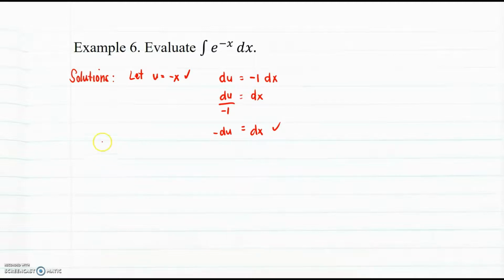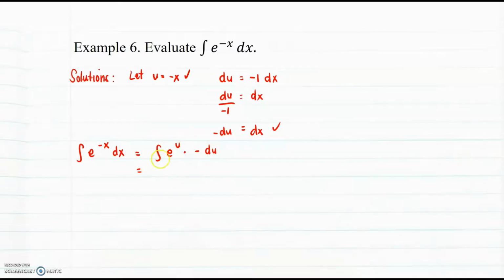So we have here the indefinite integral of e raised to -x with respect to x. Since our negative x is now u, we have e raised to u, and since dx is equal to negative du, we have negative du.